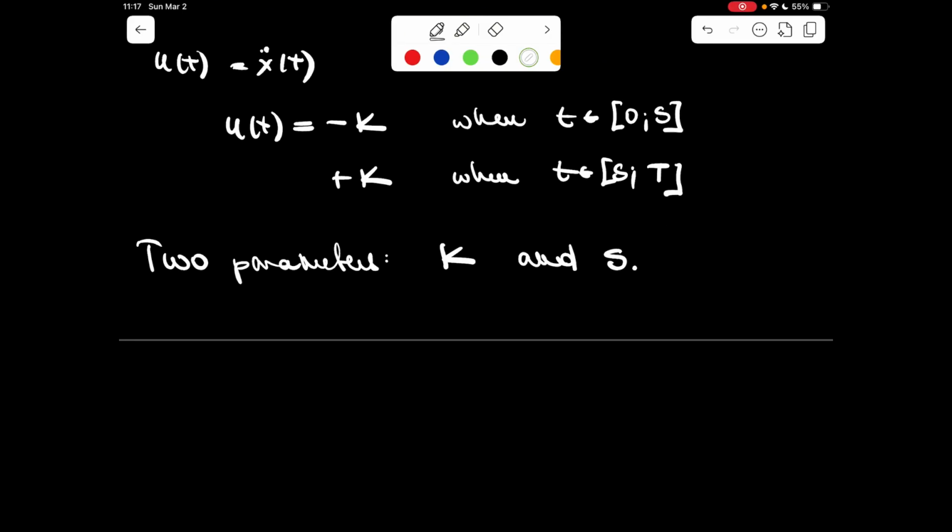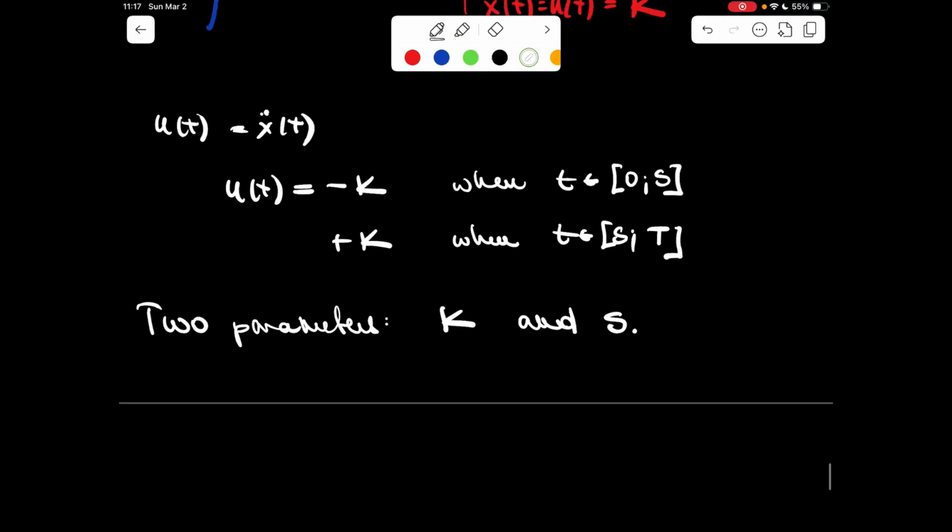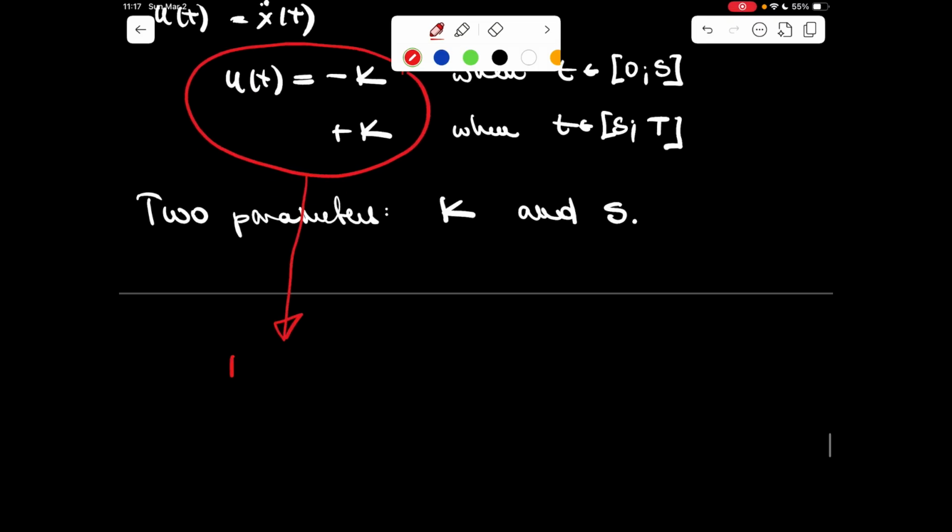Okay. It also means that according to the norm of the function space, the norm is k because u is plus or minus k, so the norm is k.